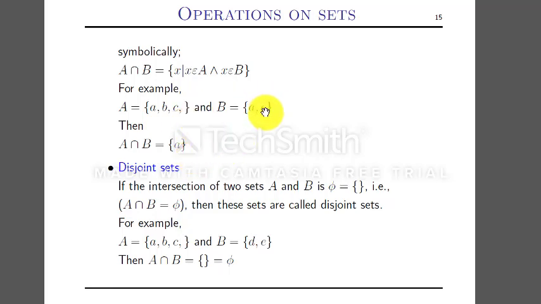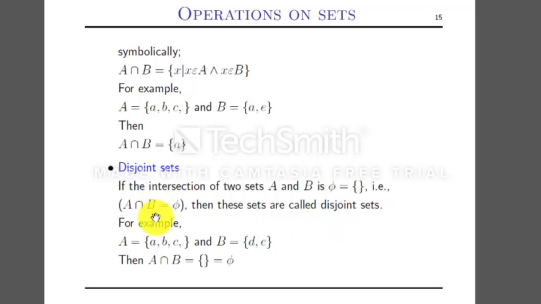If not a single element is common in two sets, then A intersection B is phi. So in intersection we write only the common elements. Disjoint sets: if the intersection of two sets A and B is phi, the empty set which contains no element, labeled by phi, that is, if A intersection B equals phi, then these sets are called disjoint sets.